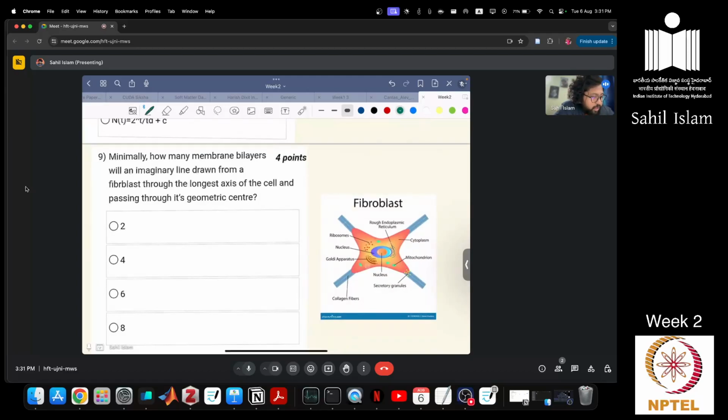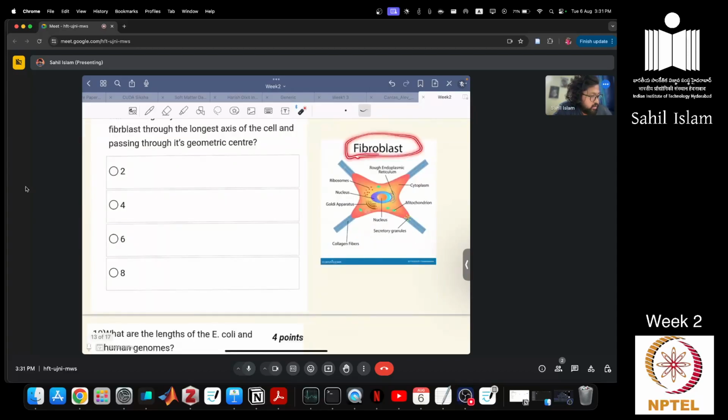Next question: minimally, how many membrane bilayers will an imaginary line drawn along the longest axis of a fibroblast, passing through its genomic center, cross? This is a schematic of the fibroblast. If you draw a line like this along its longest axis, it might seem to be symmetric, but it is not exactly; it has some kind of a bias towards one axis.